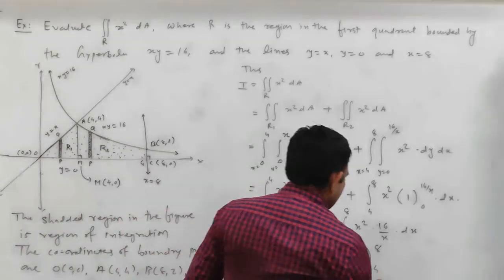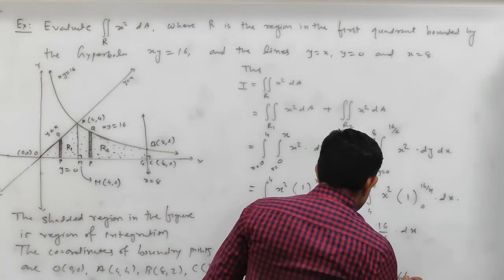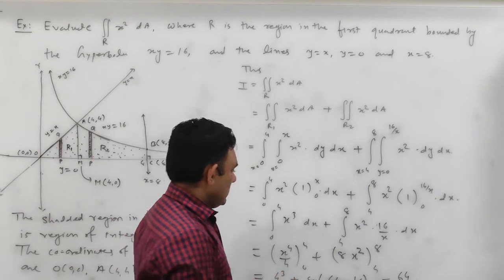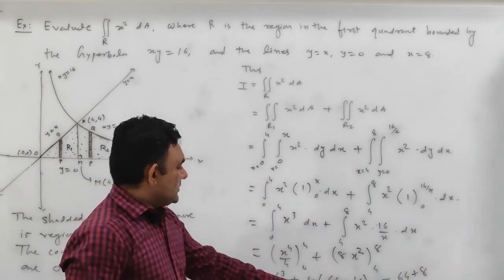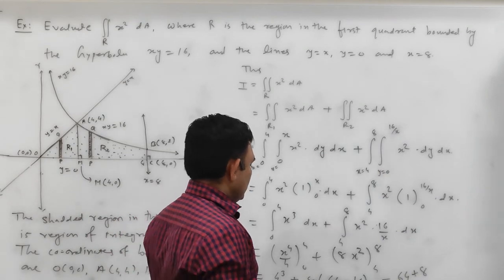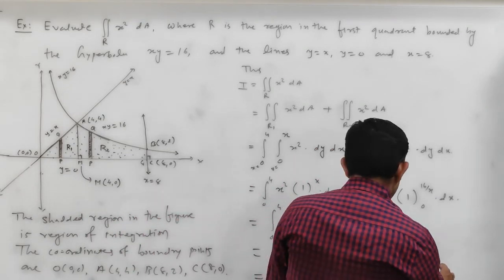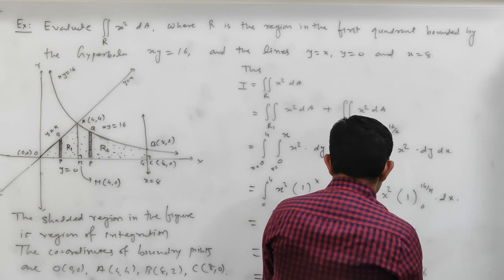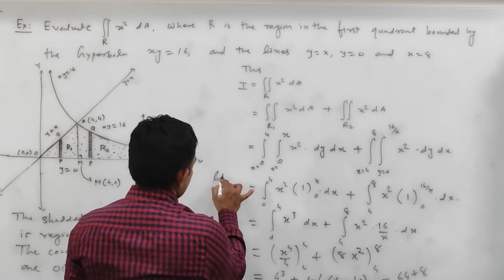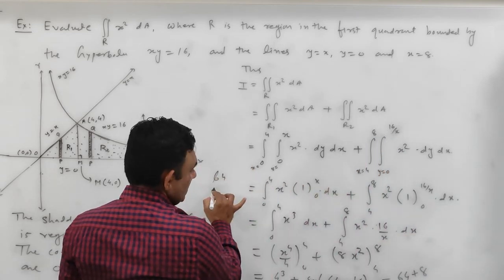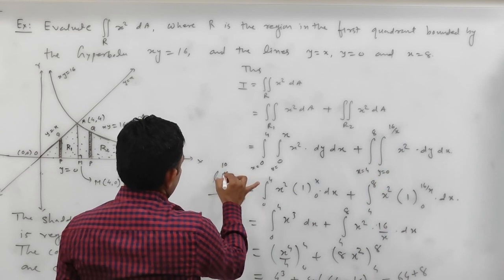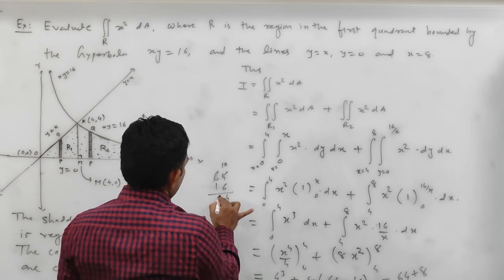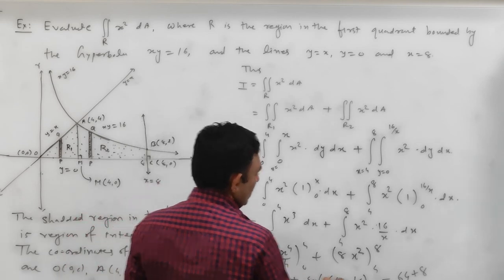So it will finally be 64 plus 8 times 64 minus 16. So 64 minus 16. So here we have 10. So it is 4, 5. So it is 44.